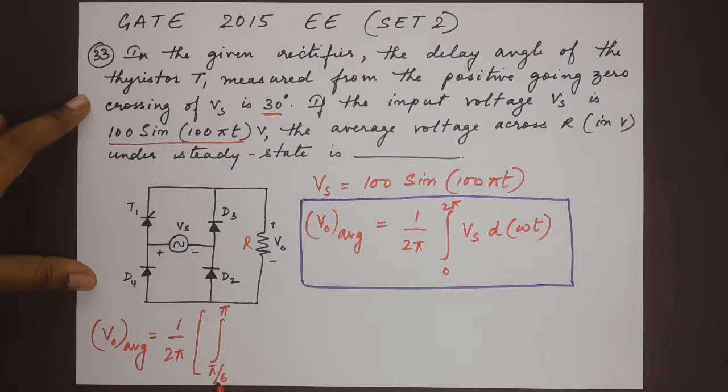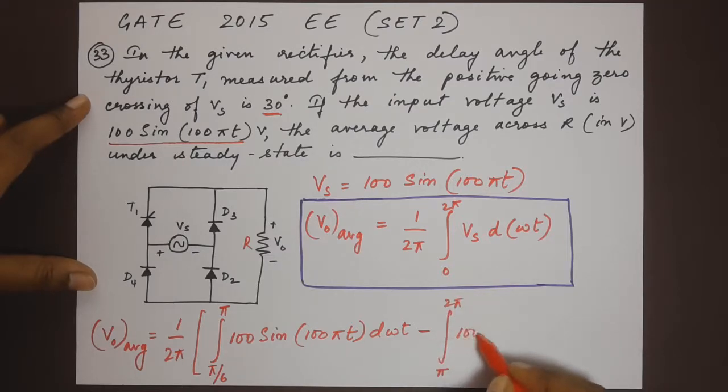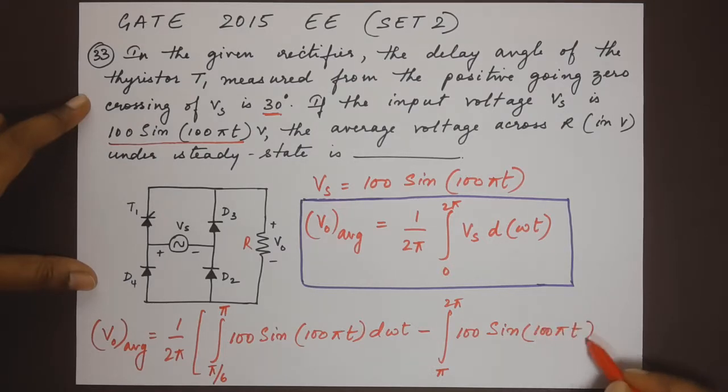So we start with 30 degrees to pi, Vs is 100 sine of 100 pi t d omega t, minus, now we have the rest of the cycle, pi to 2 pi, 100 sine 100 pi t d omega t.